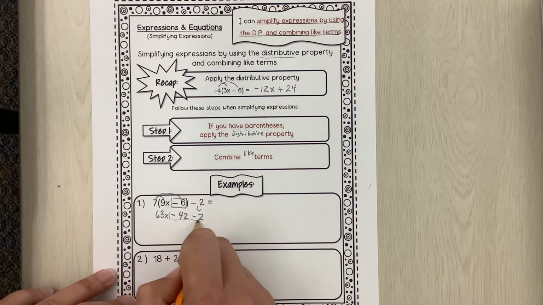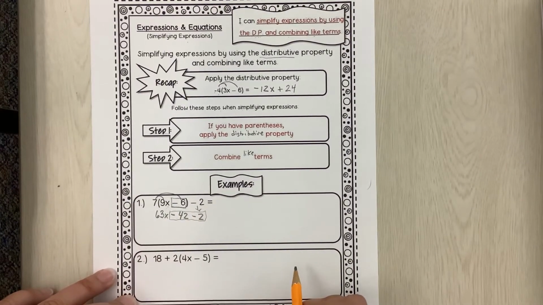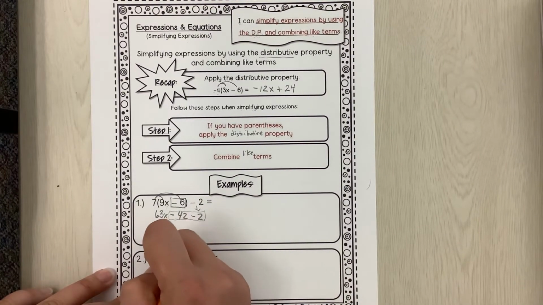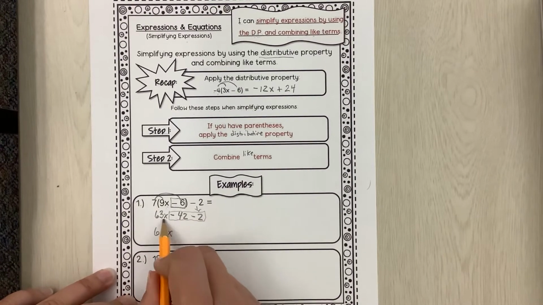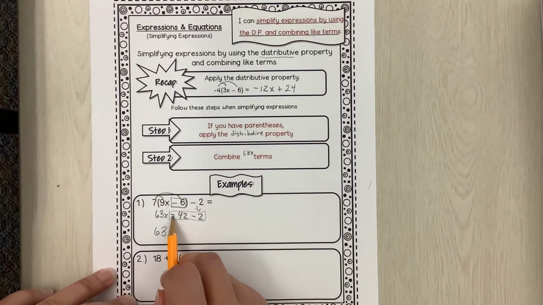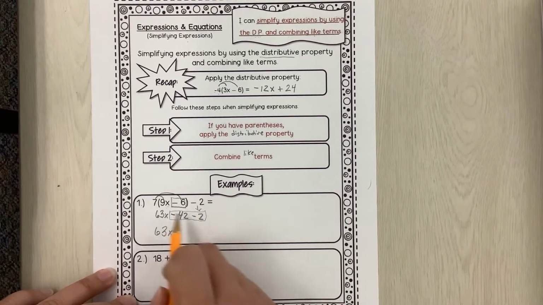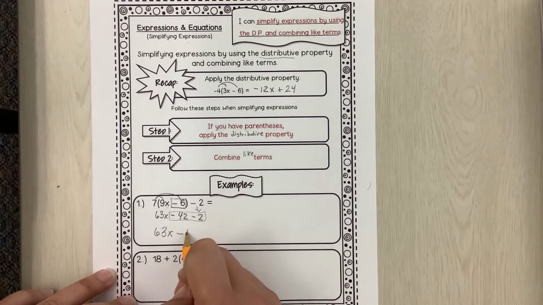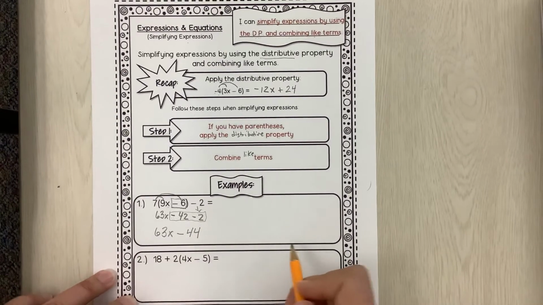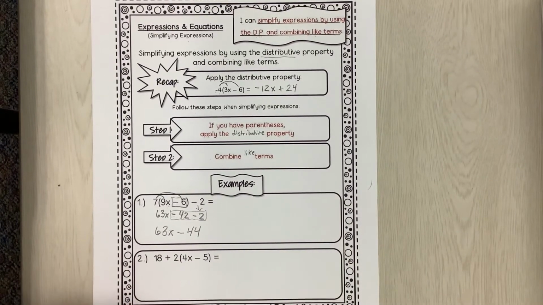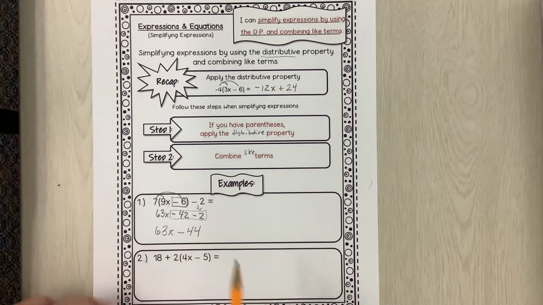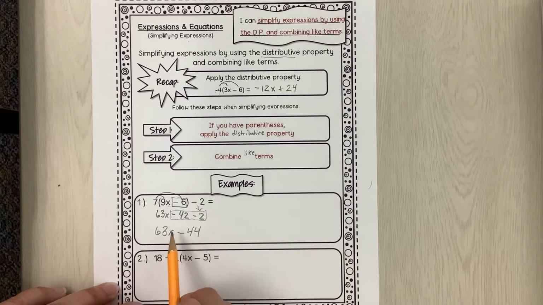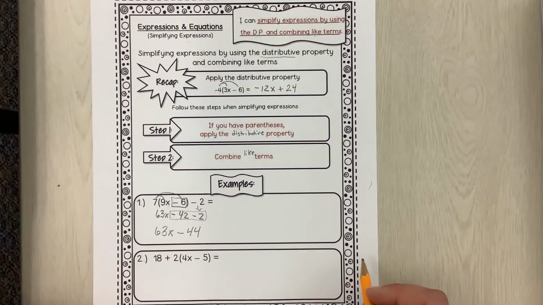So I can take these and combine them together. So I'm going to bring down my 63x because there's nothing to combine it with. And then -42 minus 2. I keep the sign negative and I add them together to get 44. So there's our answer. That's as far as we can go. We've simplified it to the extent that it can go until we know what x is.